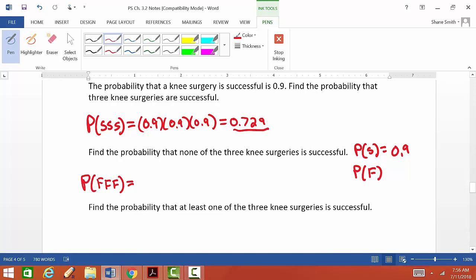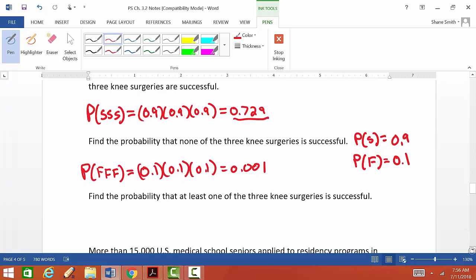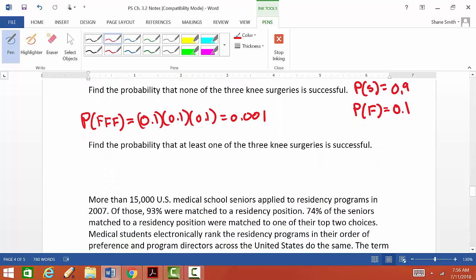There's no in between. So these are complements of each other, right? You either get one or the other, and therefore the probability of failure is 0.1. So this is 0.1 times itself 3 times, which is 0.001.